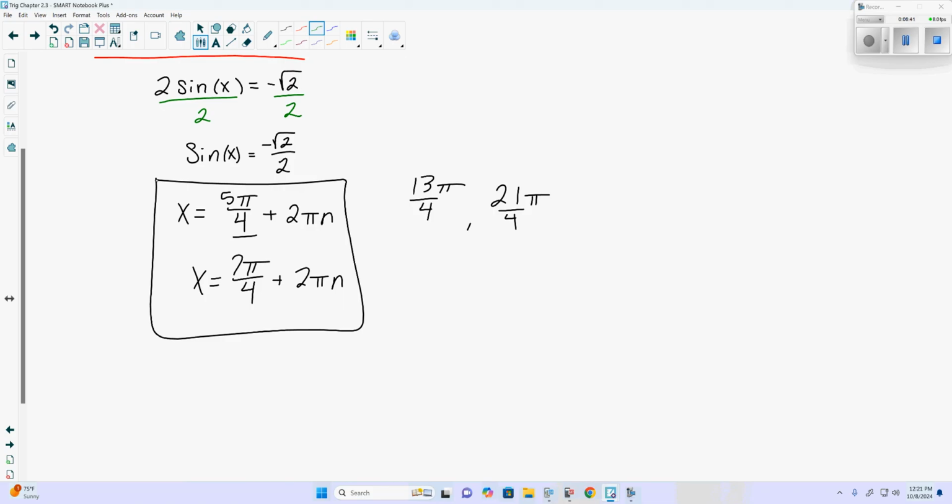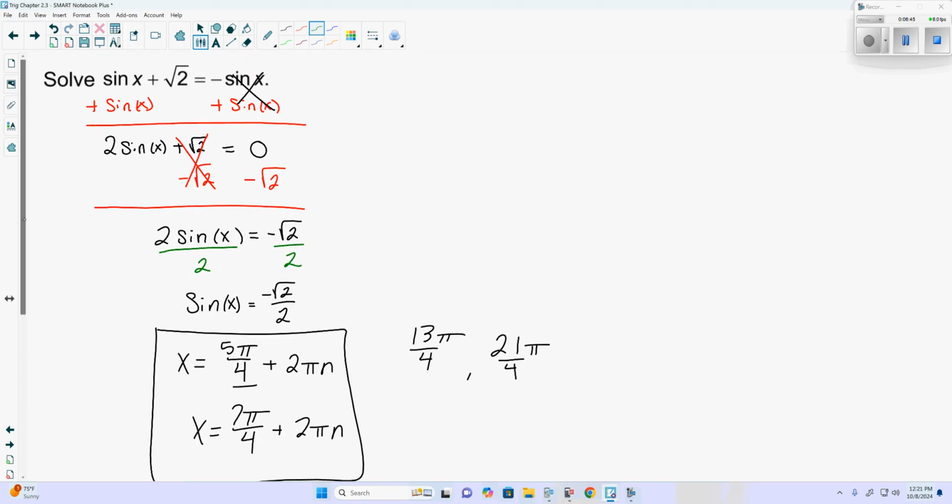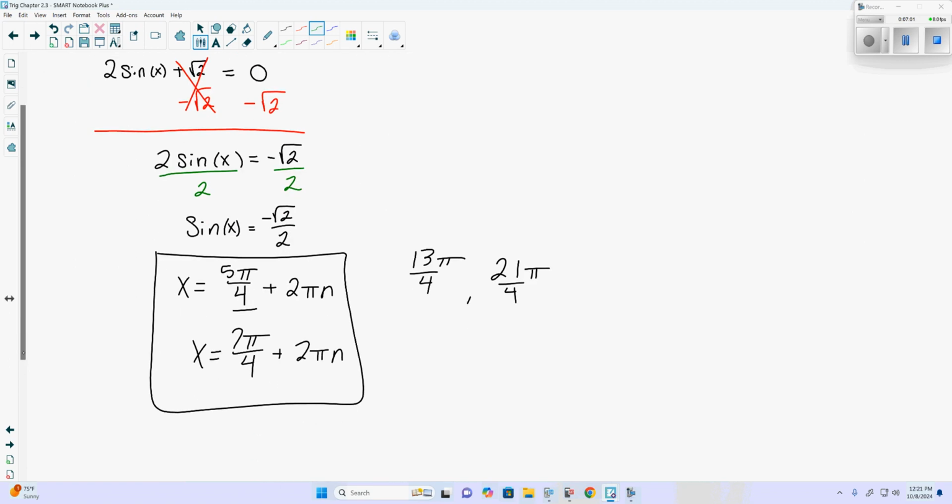The reason we have to add this is because it did not specify what x is, what our angle is. Now, if it said that our angle is between 0 and 2 pi, or 0 and 360, we wouldn't have to add 2 pi n for sine and cosine, or pi n, the period, for tangent or cotangent.